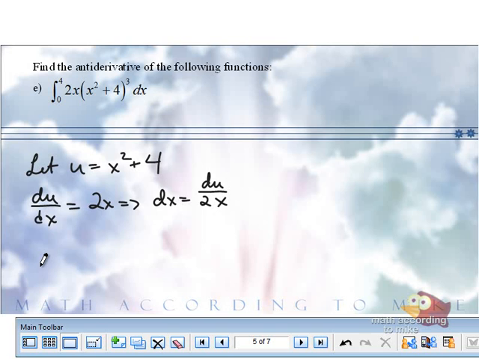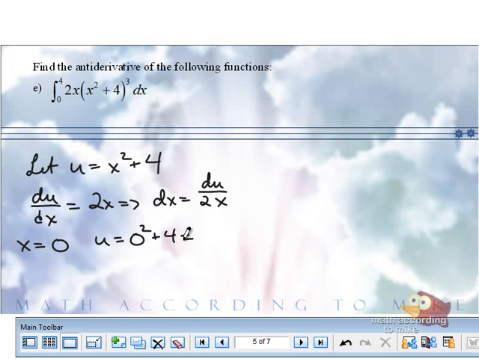All right, here's the thing. When you're rewriting it in terms of u, everything has to be in terms of u. Well, that now includes the bounds. 0 and 4 are the bounds for x. We would have to find the corresponding bounds for u. Meaning, if x were 0, then u equals 0 squared plus 4, because we just said u was x squared plus 4.